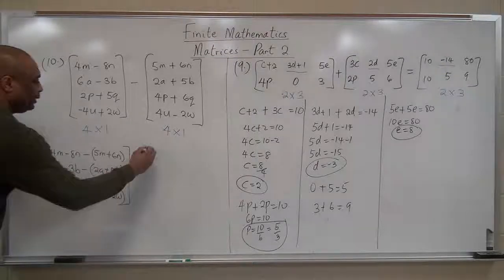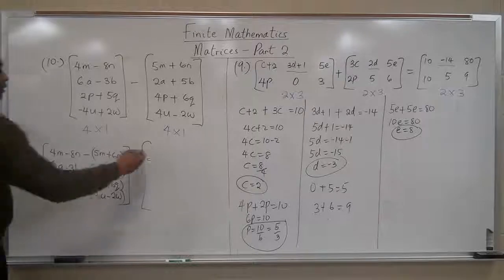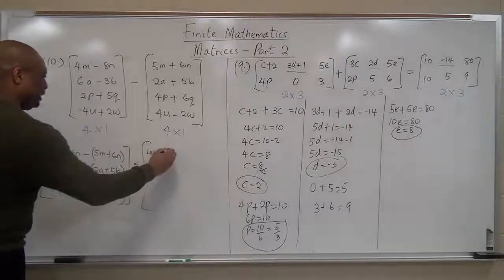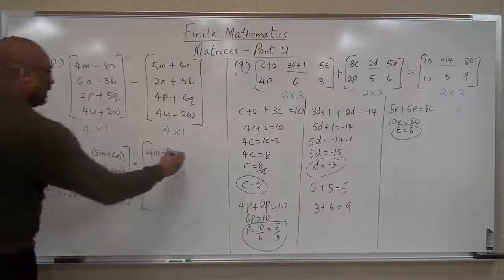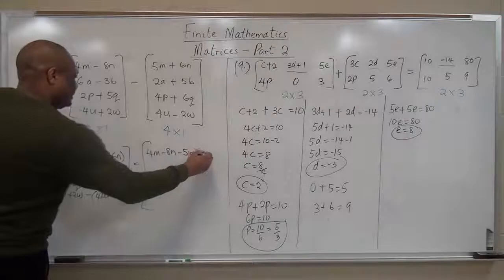Okay? So this will be 4m minus 8n. You apply your distributive property. This is minus 5m minus 6n.